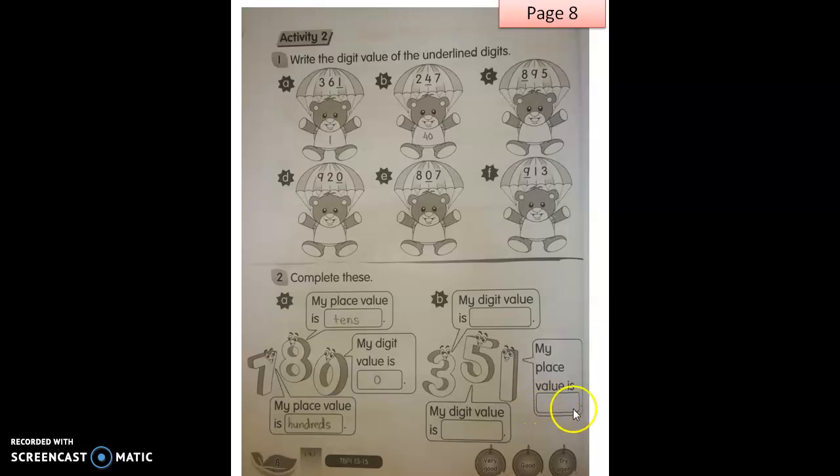O-N-E-S. Ones. My digit value is digit. That means number. 5 stands for 50. 5, 0, 50.